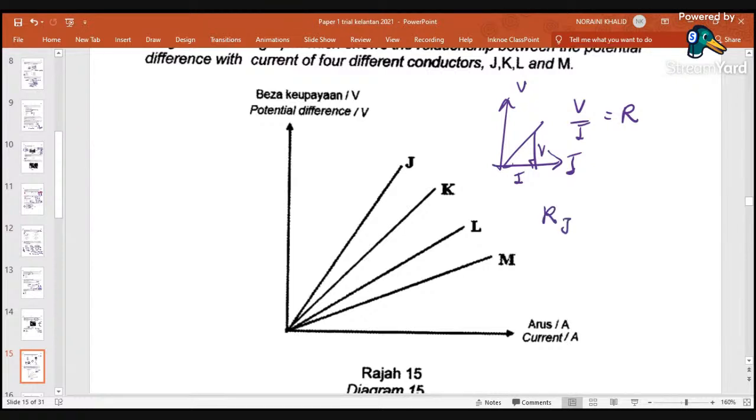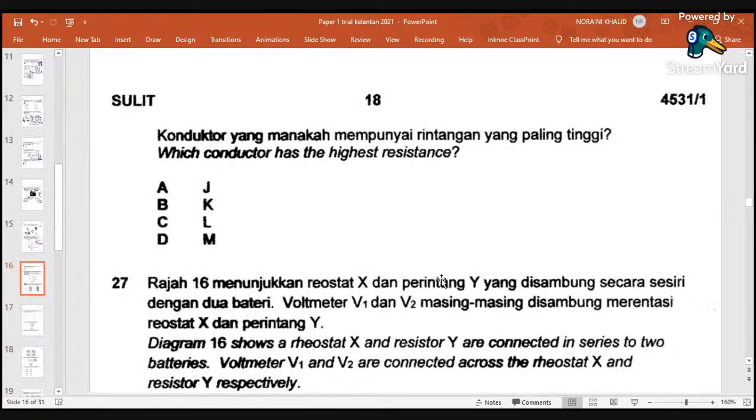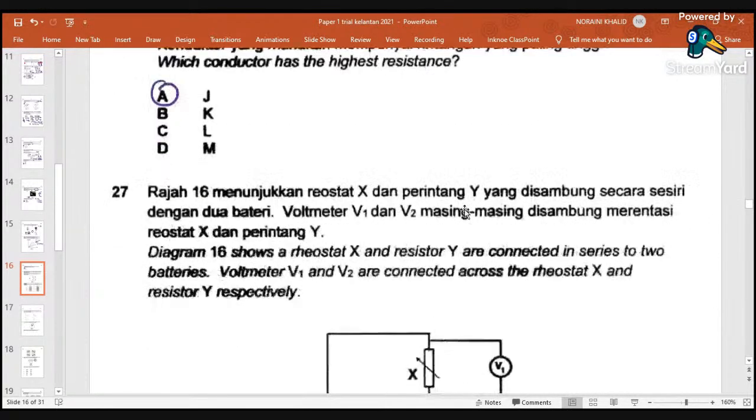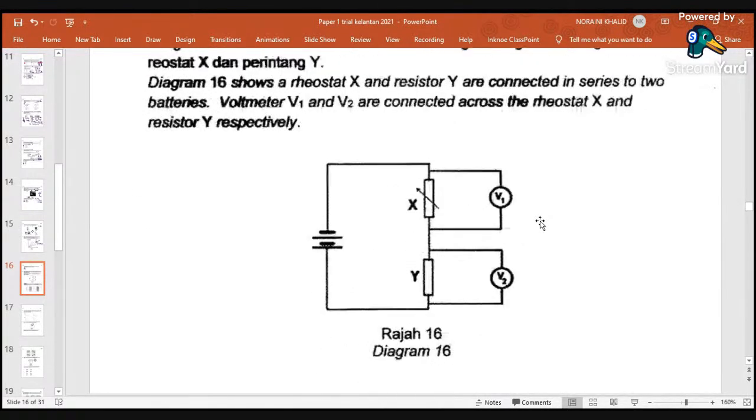Thus, RJ is more than RK, more than RL, more than RM in terms of resistance. So the highest resistance will be J. The lowest is M.